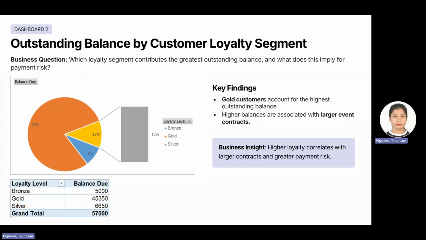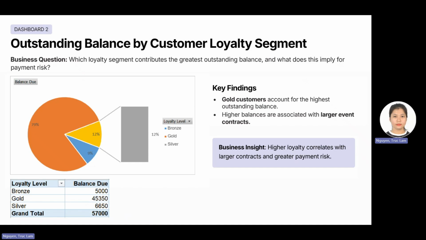The second dashboard in my project focuses on customer payment. At first glance, we can see that gold customers have the highest outstanding balance, and it might seem like a financial risk. However, after looking at the business context, we can interpret the data differently.